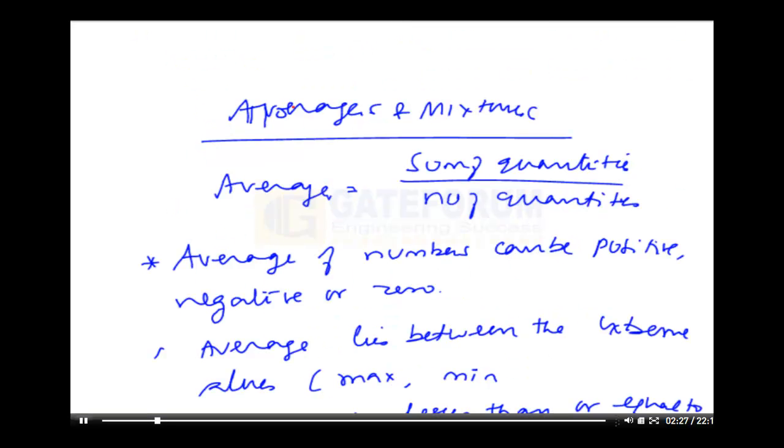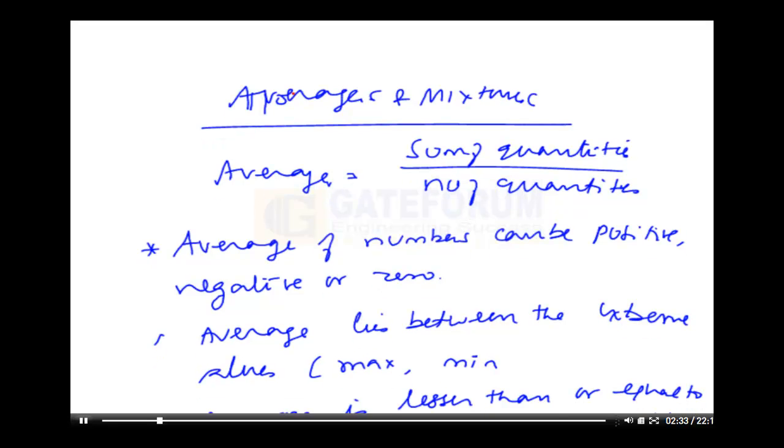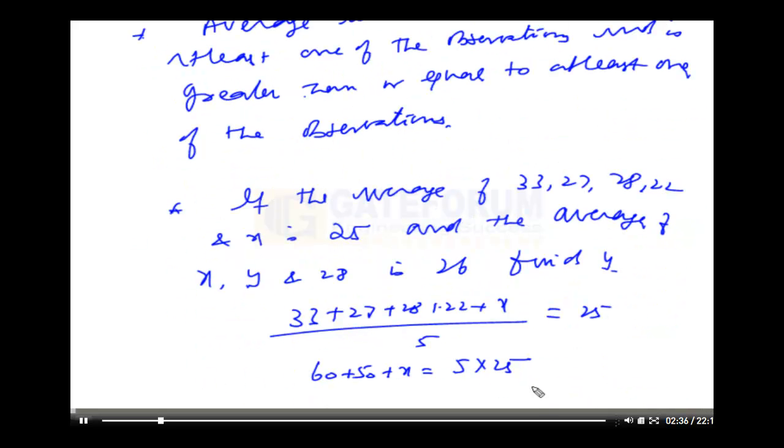So 110 plus x is equal to 125. Therefore x is equal to 15.